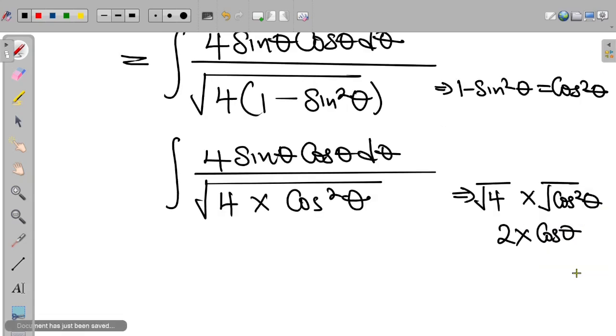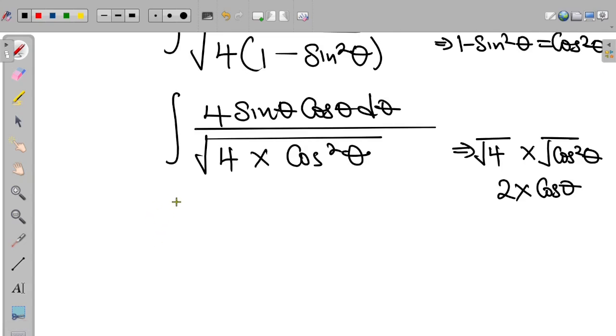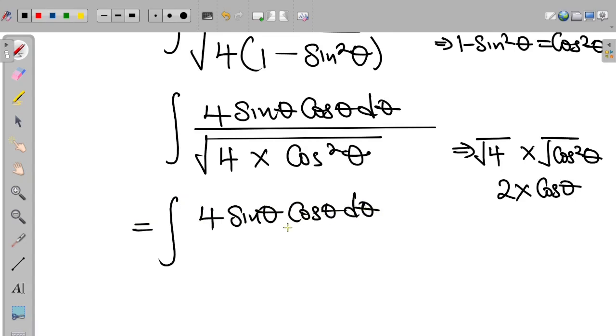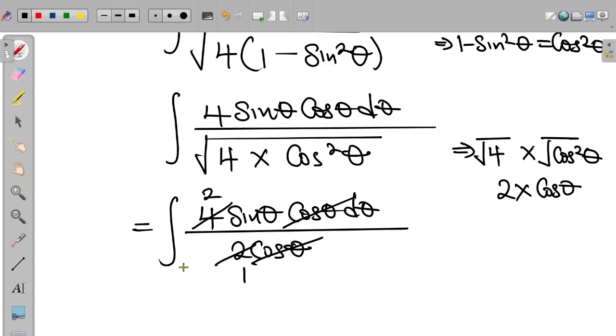So we have the integral of 4 sine theta cos theta d theta divided by 2 cos theta. Now, we cancel out cos, and 4 divided by 2 is 2. So we are left with the integral of 2 sine theta d theta.